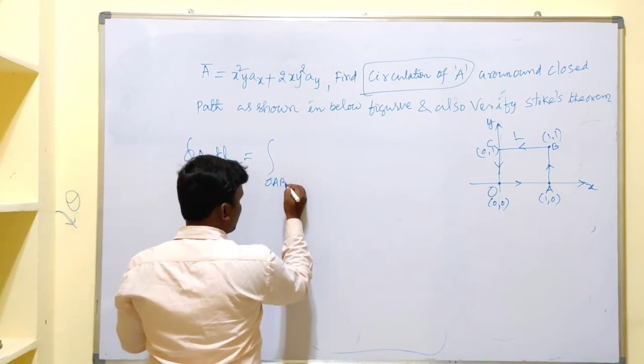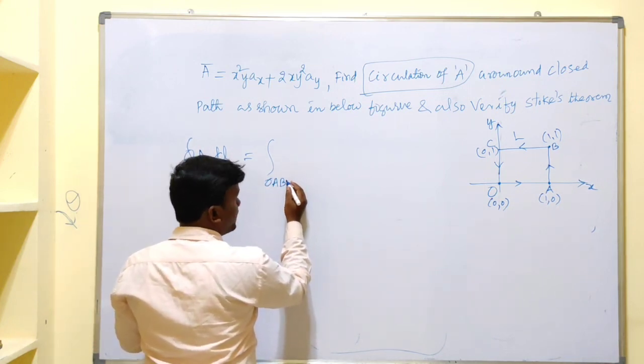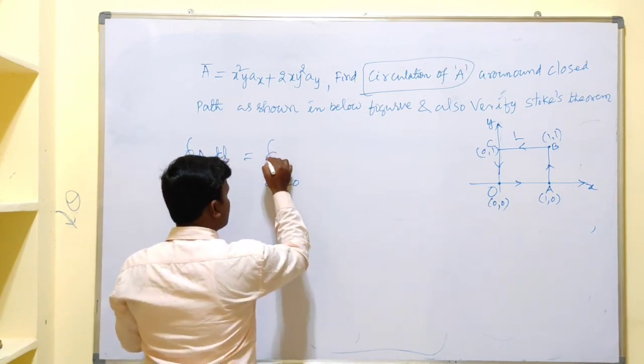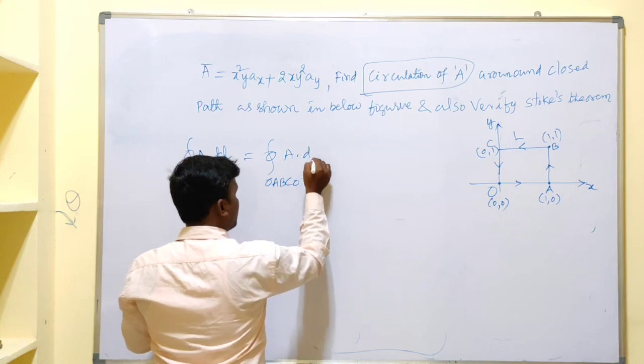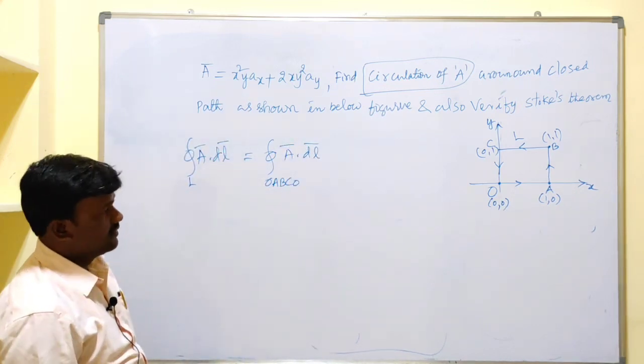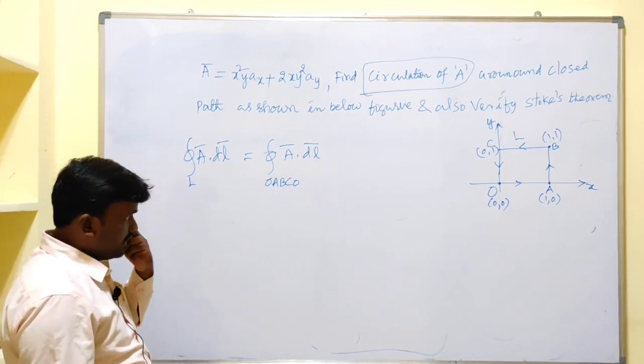Now we can write the circulation of A around the closed path OABCO.